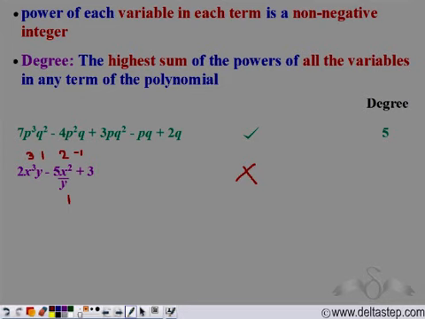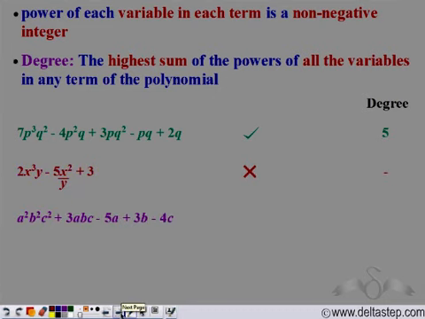We look at the power of each variable. We take the sum of the powers of the variables when we have to calculate the degree. So while checking, we see that the power of y is negative 1 and hence it does not qualify as a polynomial. This expression is not a polynomial.